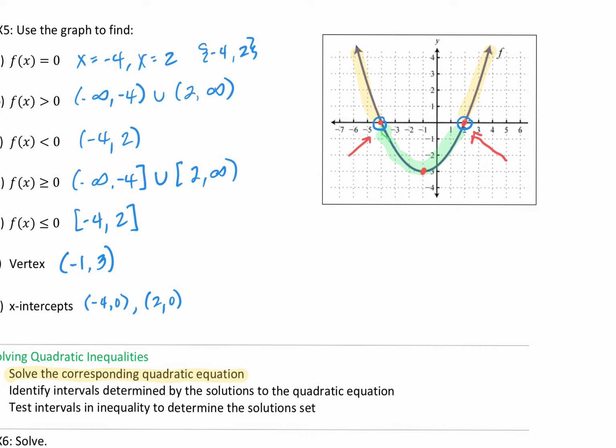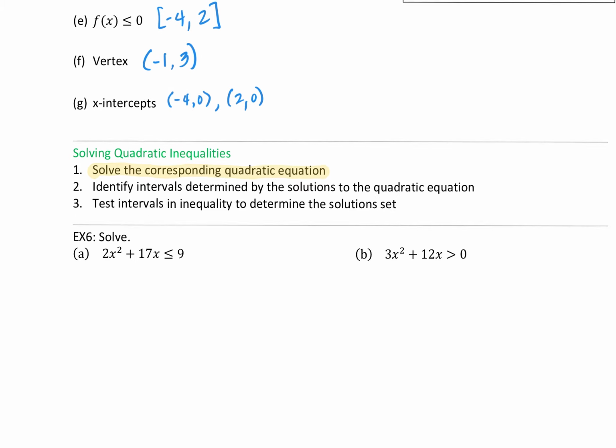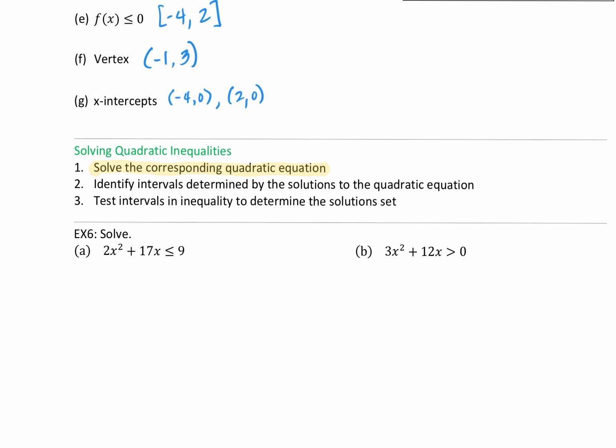Once you've found those points, that's going to break up the number line into intervals where the function will either be above the x-axis or below the x-axis. So we're finding these zeros so that we can break up our interval and then see where it's positive and negative. The second step is to identify the intervals determined by the solutions to the quadratic equation.